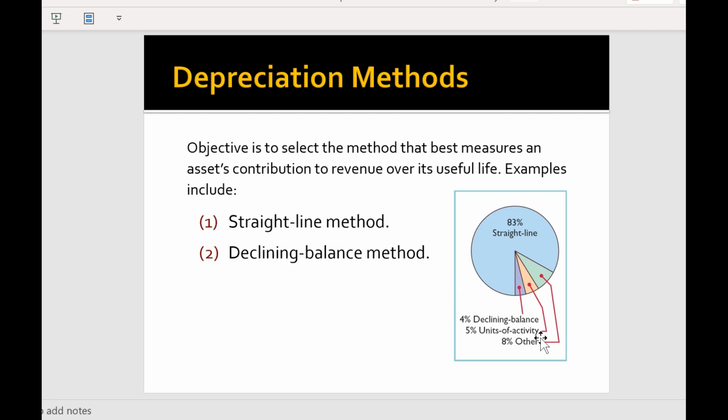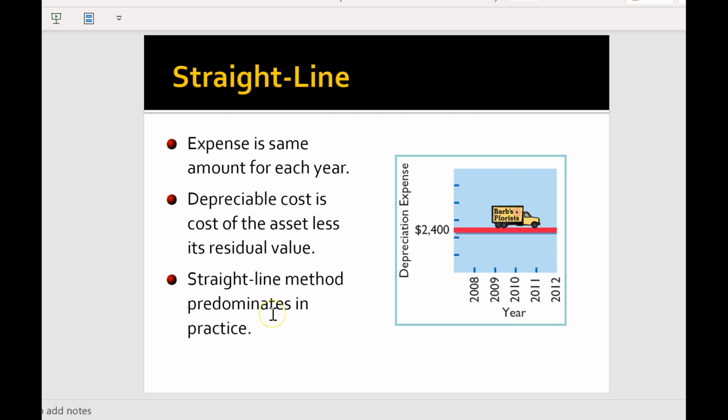For example, if you have a machine producing ketchup, the depreciation expense would be determined by how many bottles of ketchup are being produced during that period. So it's kind of more accurate, but it requires more work for the accountants. 8% of firms use other different methods. Okay, so that's the depreciation method choices.